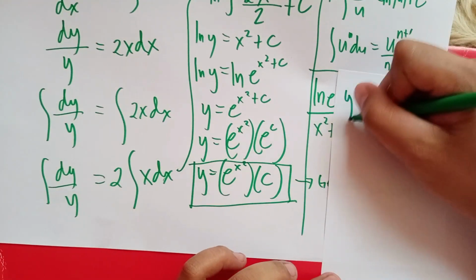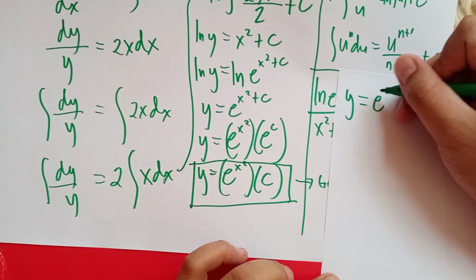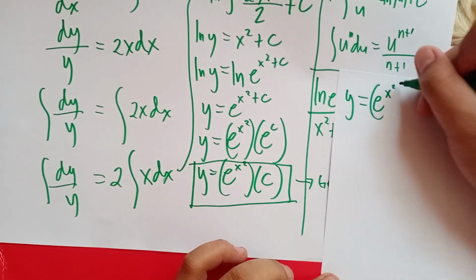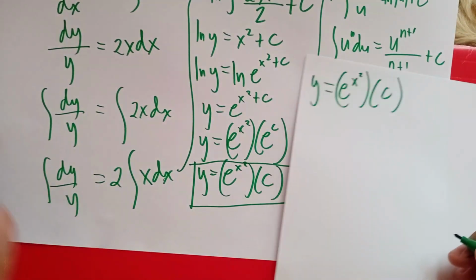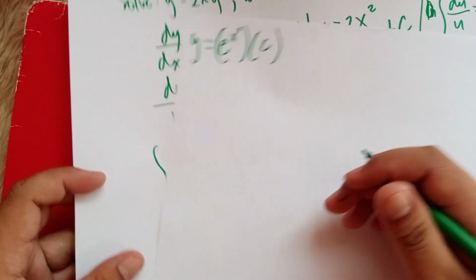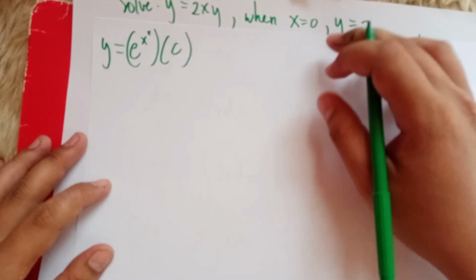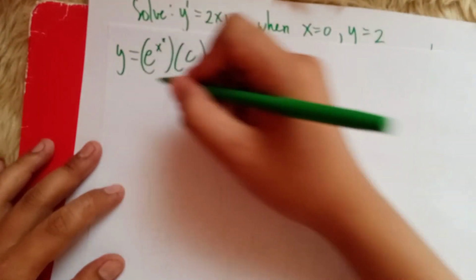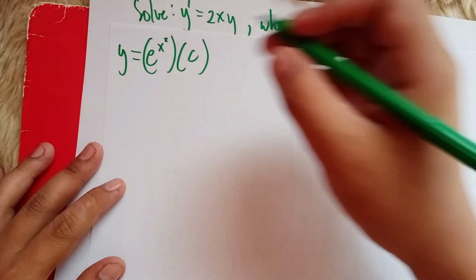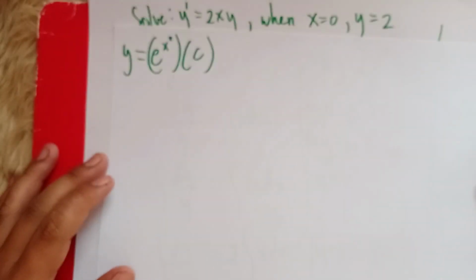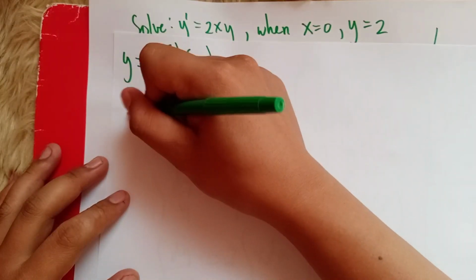Copy lang natin mga boss. Is y equals to e raised to x squared times c. Okay. So, gamitan natin ng boundary conditions. So, this is our boundary condition. X equals 0, y equals 2. So, by substitution, we have here, okay, y equals 2.